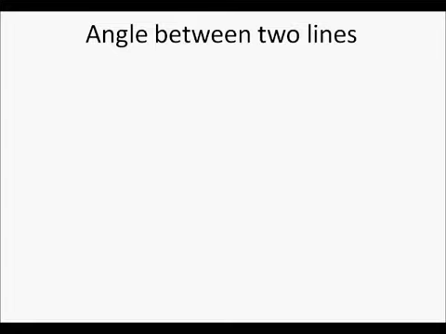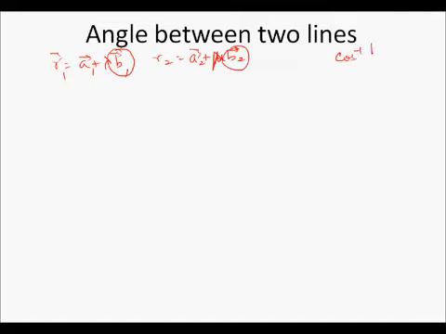If I have a line r1 is equal to a1 plus lambda b1, and r2 is equal to a2 plus mu b2, the angle between these two lines would be the angle between b1 and b2, which is cos inverse of b1 dot b2 over modulus b1 modulus b2. We use the modulus sign here. This is the angle between the two lines.